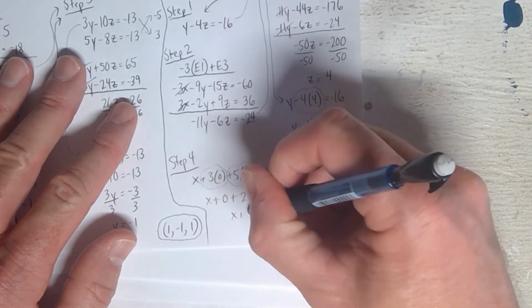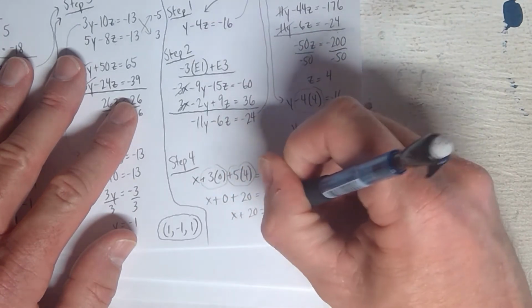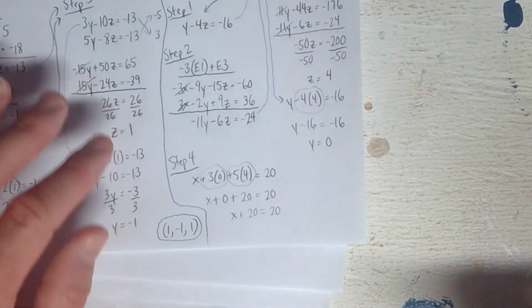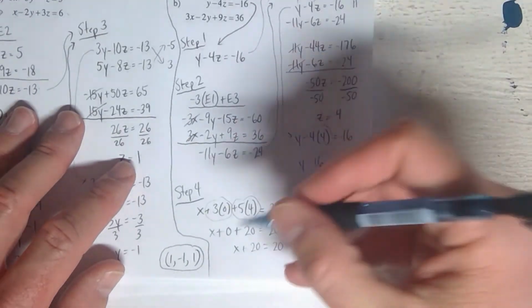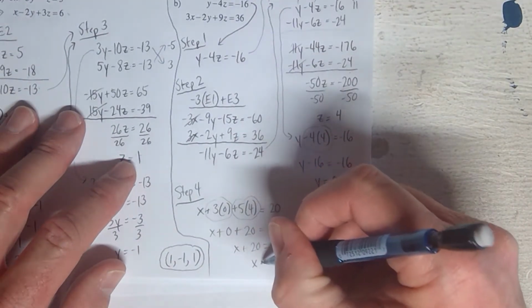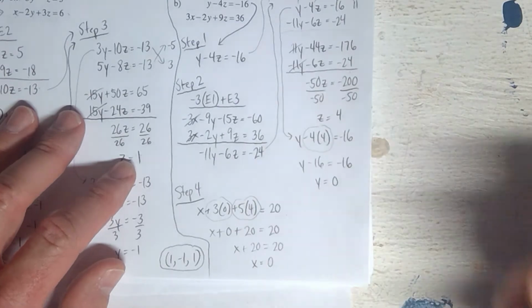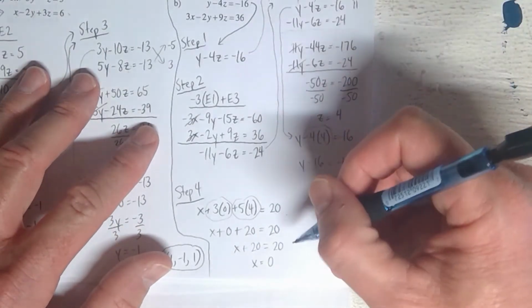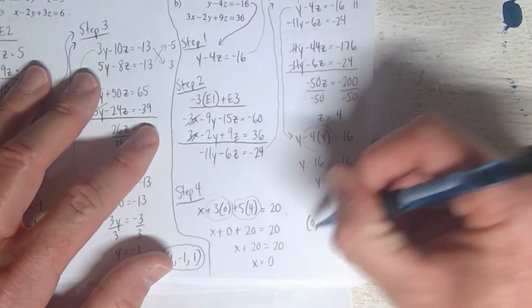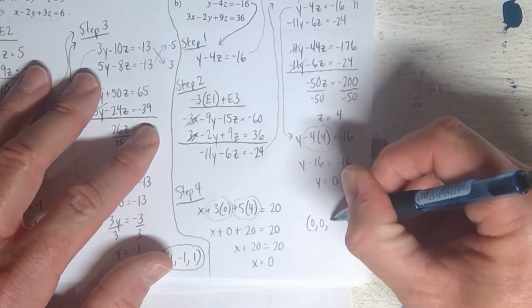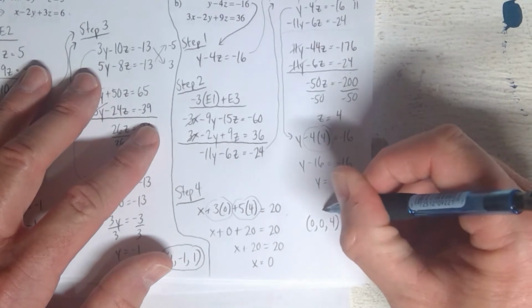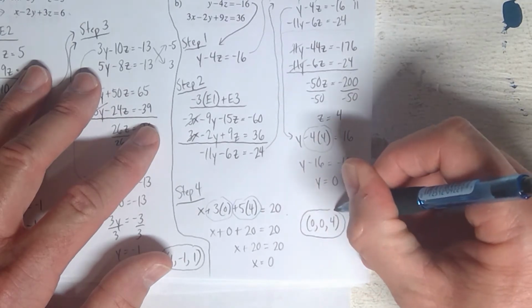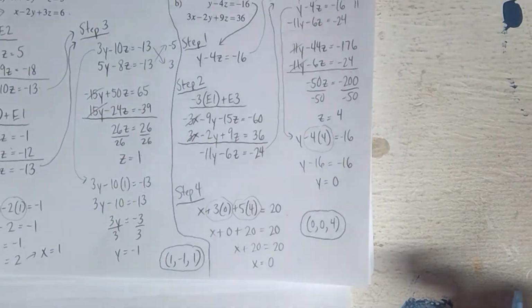Combine like terms. When we move the 20 over, we get 20 minus 20 is 0. So now we know all three variables. Final answer, x equal to 0, y equal to 0, z equal to 4. 0, 0, 4.